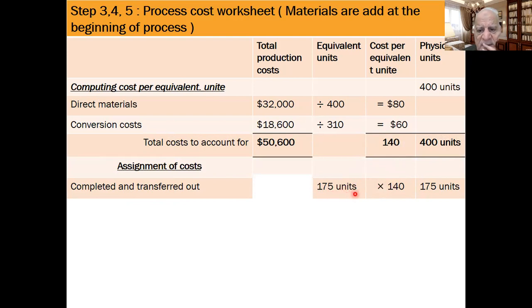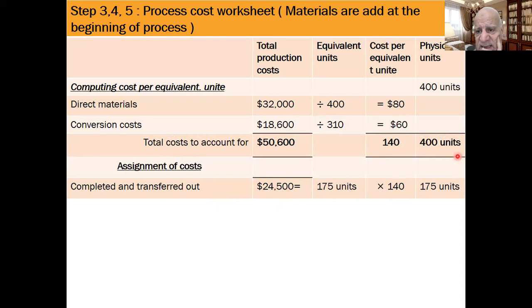Multiplying these units by the total cost of the equivalent unit, we will have the total cost to be assigned to this section of units amounted to $24,500.